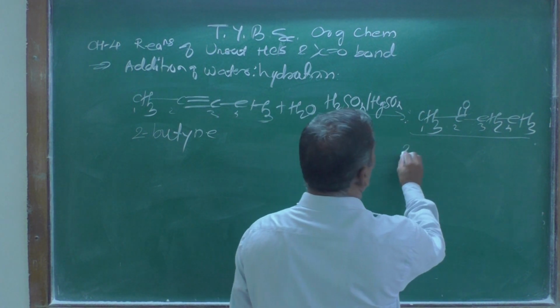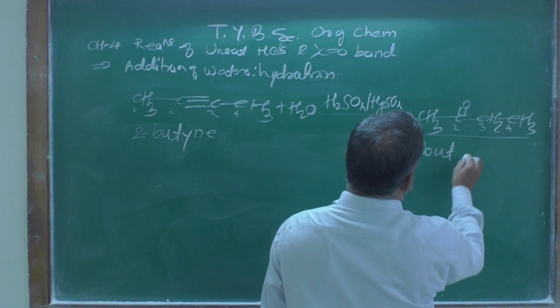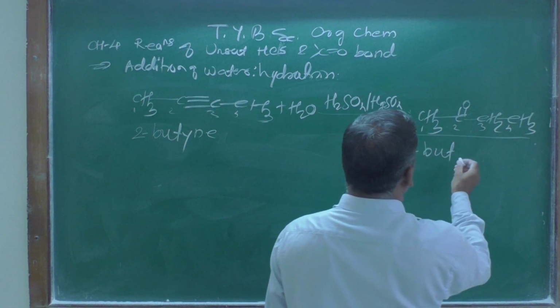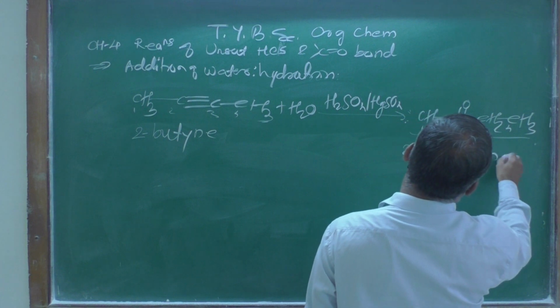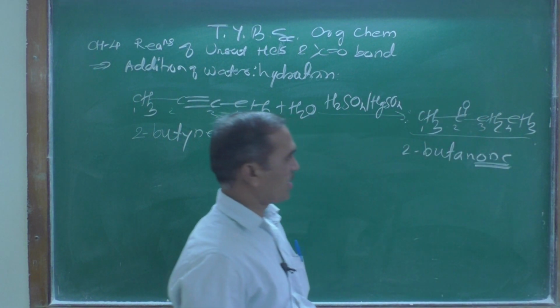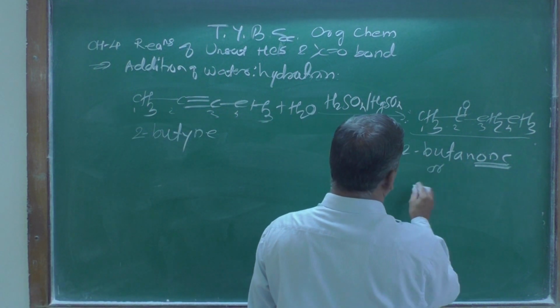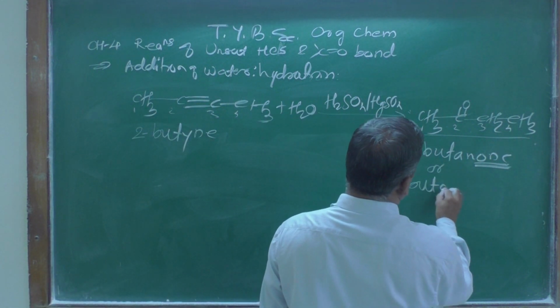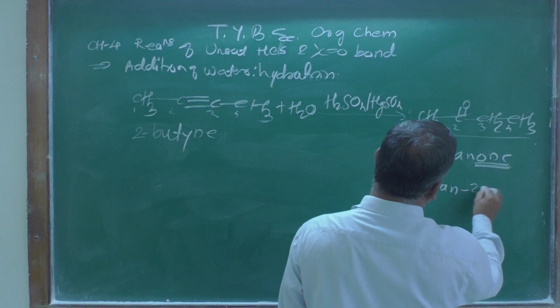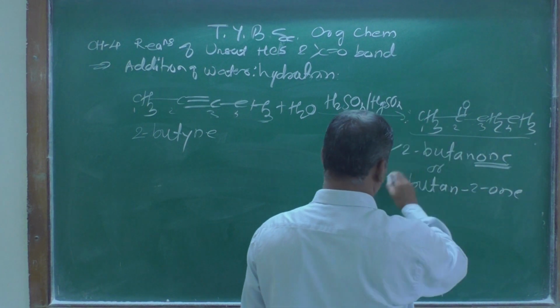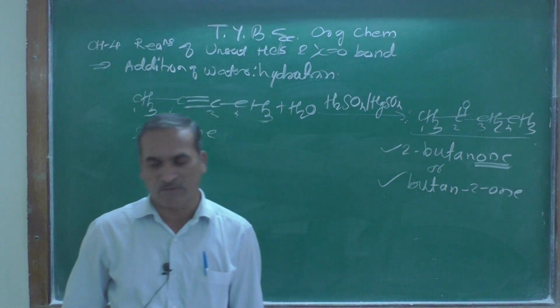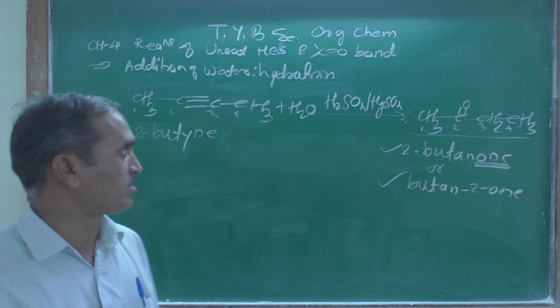The suffix E is replaced by ONE. So 2-butanone. Either you can write it like this, or you can write butan-2-one. Both are the correct way of giving the IUPAC name of this compound.